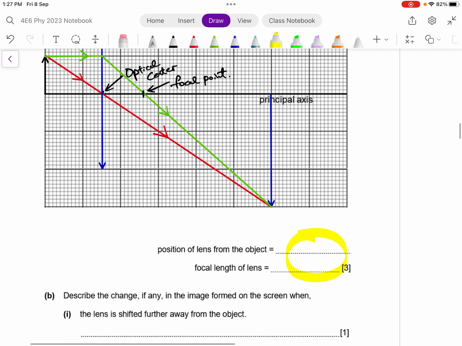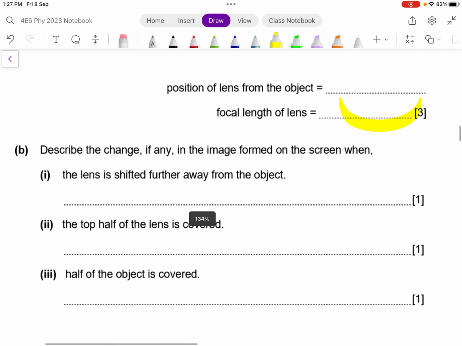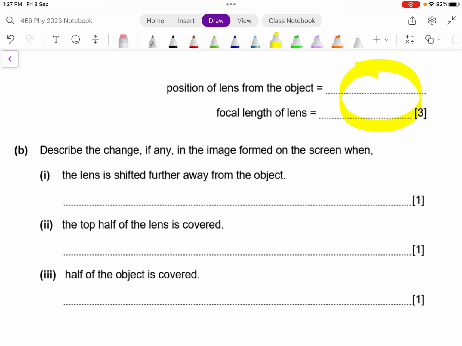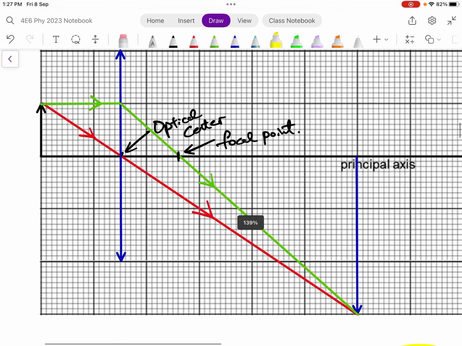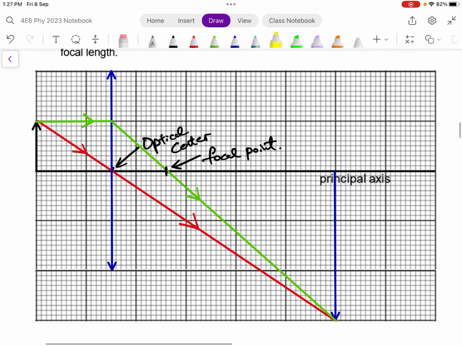So for part B, I'm checking whether you understand what the ray diagram is trying to symbolize. What does the ray diagram symbolize? The first question that you need to ask yourself is, why do you draw these 2 rays? Does it mean that only 2 rays of light get emitted out of the object?